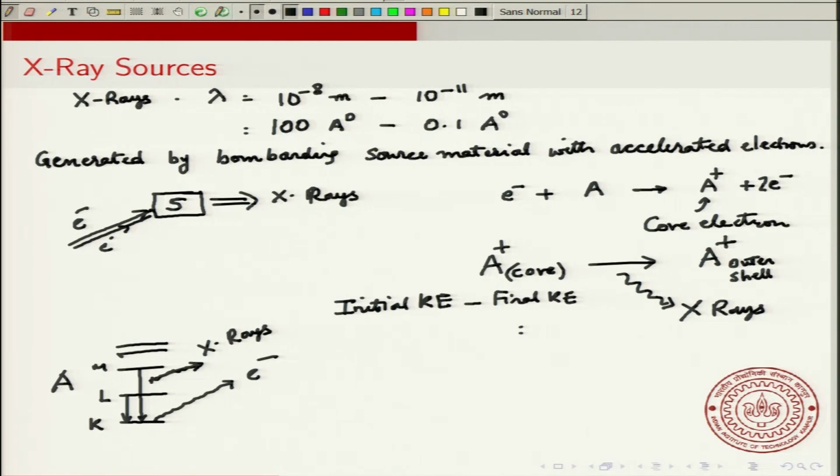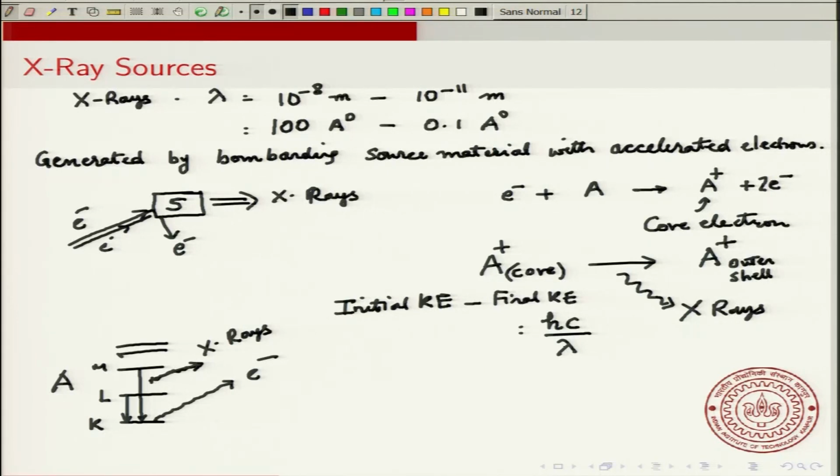After the electron hits the sample, it goes with some final kinetic energy. This difference between the initial and final kinetic energy should be equal to the energy of the X-ray beam, which is hc by lambda, where lambda is the wavelength of the X-ray.